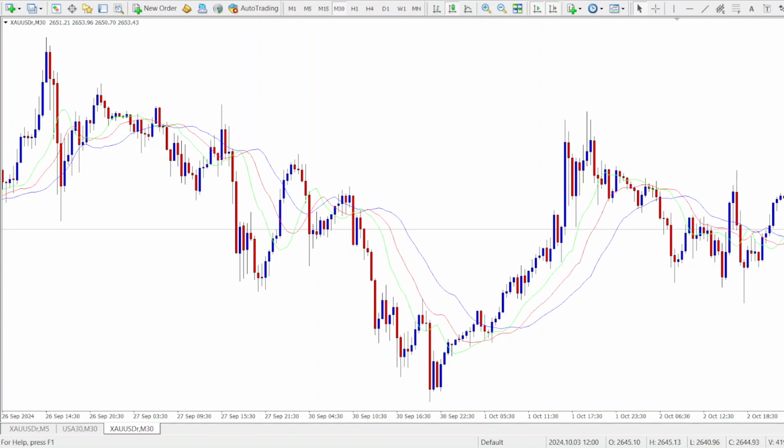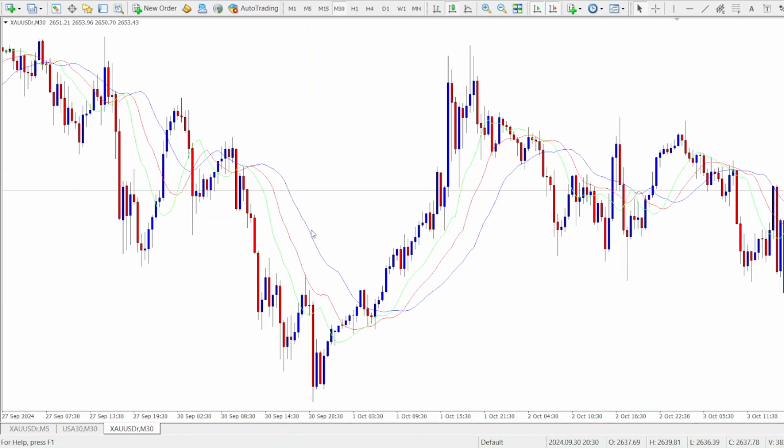Meanwhile, the strength of the trend is identified by the distance between each of these lines. Seeing the blue line above the other two means that the trend is downwards, and seeing the blue line below the other two means that the trend is upward.